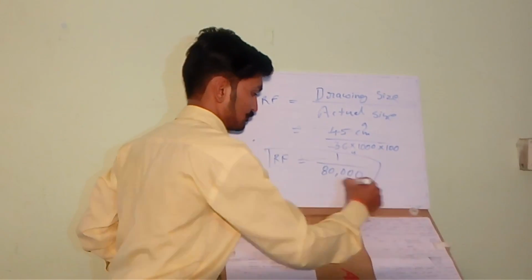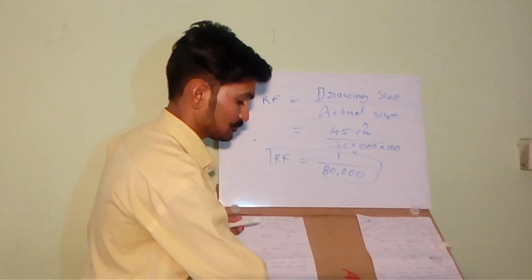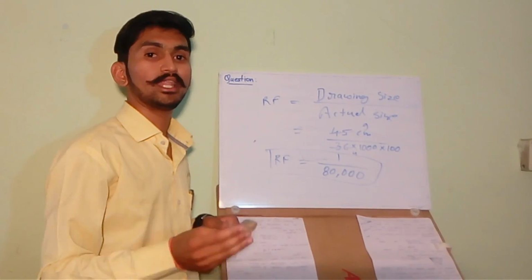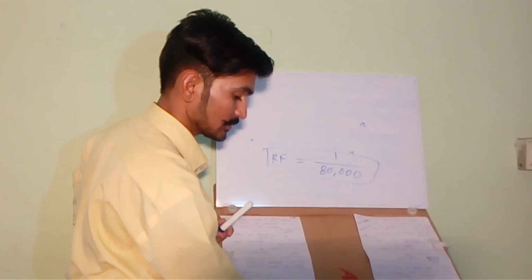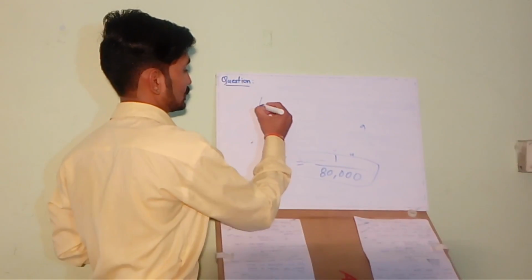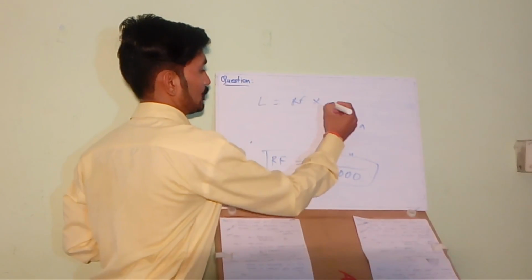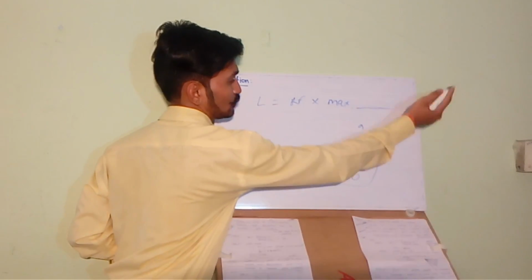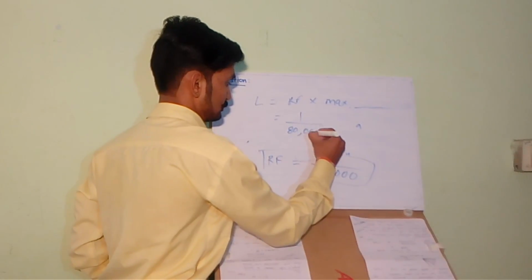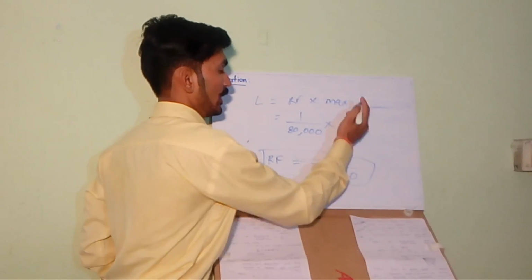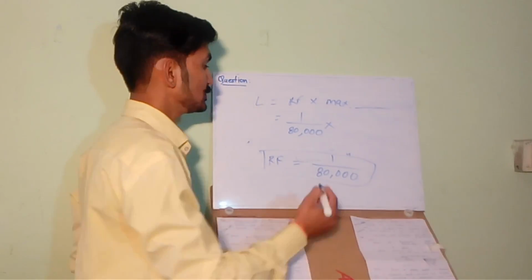The next data we require is the length of the scale. The length of the scale is RF multiplied by maximum length to be measured. We have RF 1/80,000 and maximum length to be measured is 12.